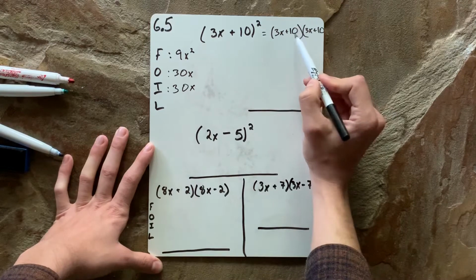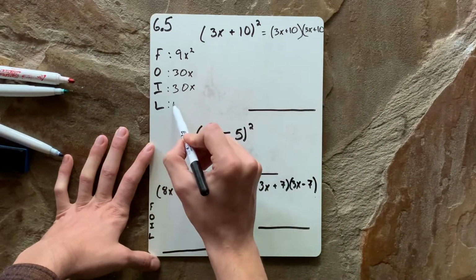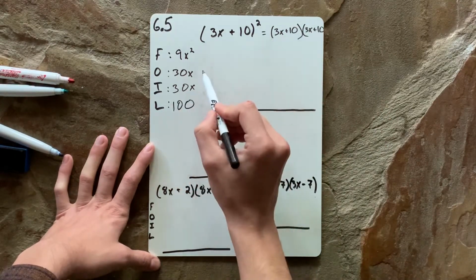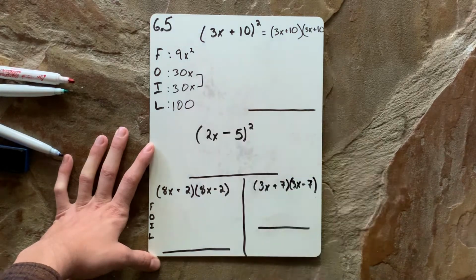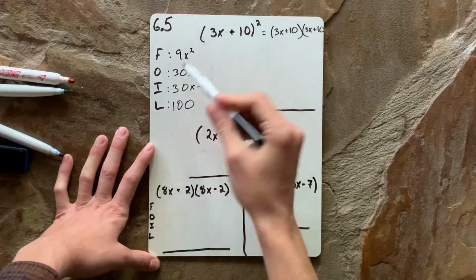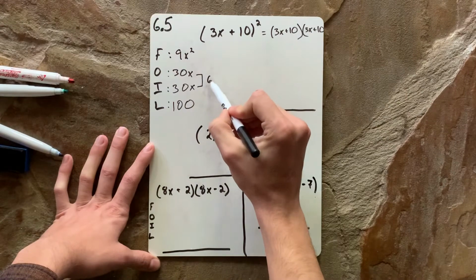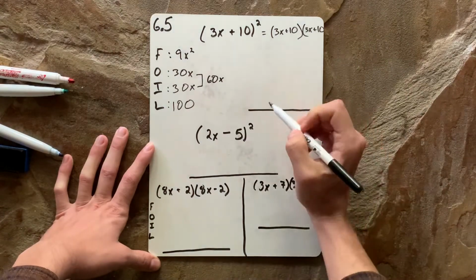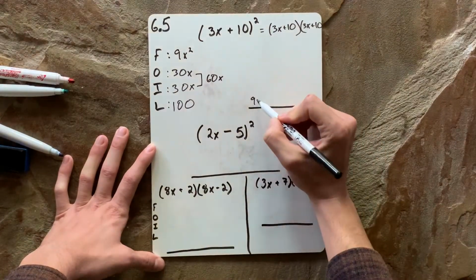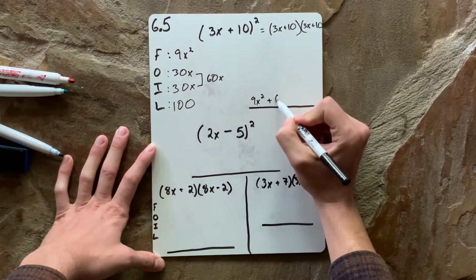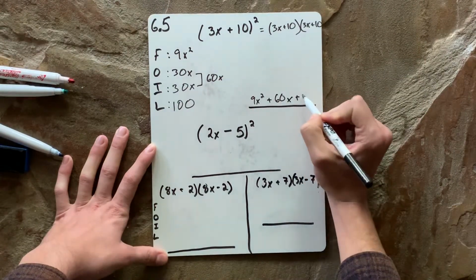And last would be this 10 times 10, which would be 100. As I've told you many times, you're going to check for O and I to be like terms, and if you can, you combine them together, which will give me 60x. So my answer is 9x squared plus 60x plus 100.